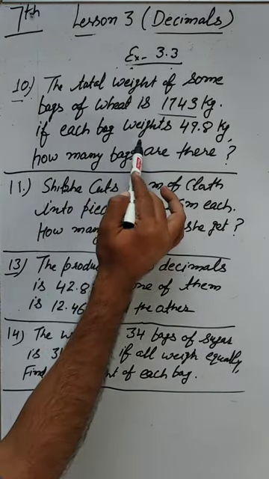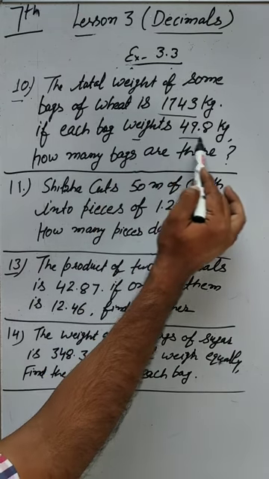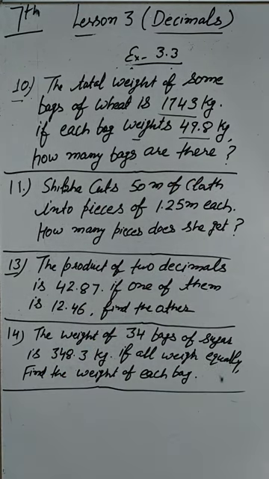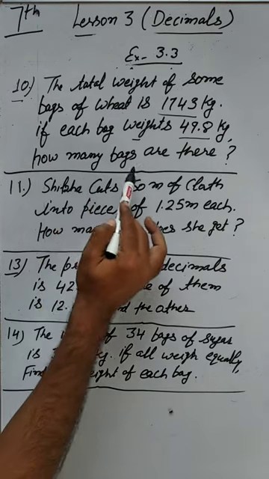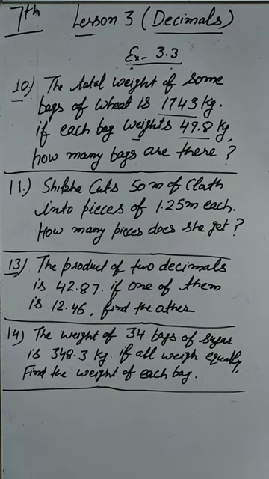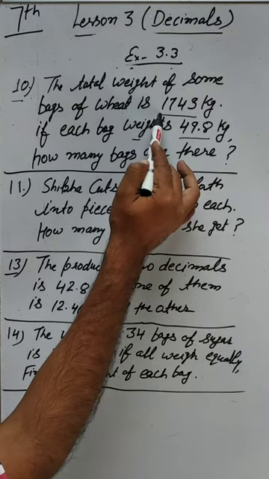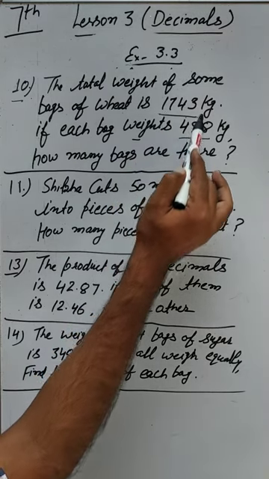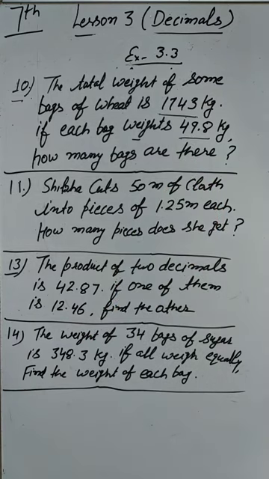If each bag weighs 49.8 kilograms, how many bags are there? As in the previous question, you have to find how many bags. Clearly you will divide 1743 by 49.8. Then you will find the number of bags.